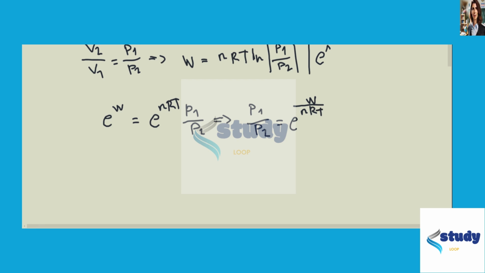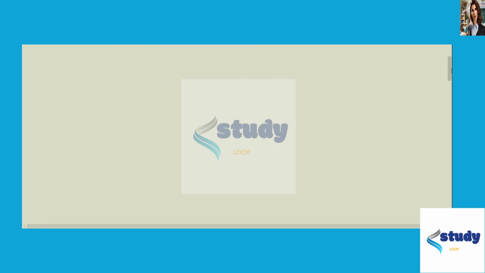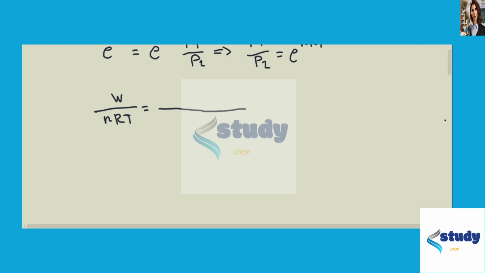So it will be wise to evaluate this exponent on its own. Just work over nRT will be equal to, this is going to be a numerical calculation, minus 468, and down we'll have 0.305 times 8.314.